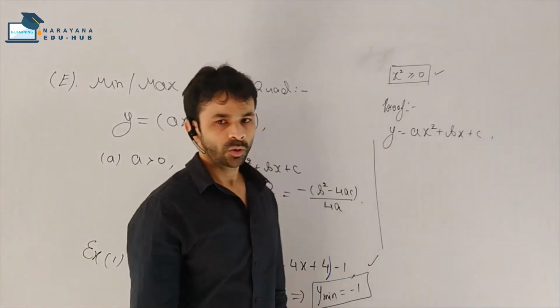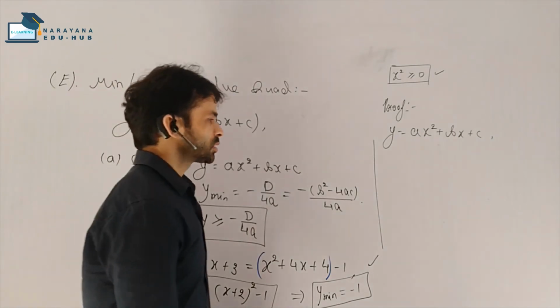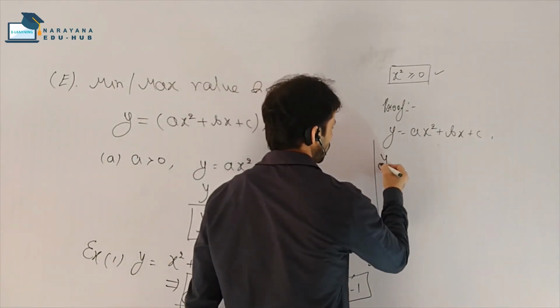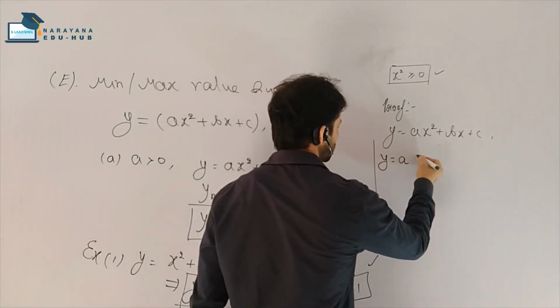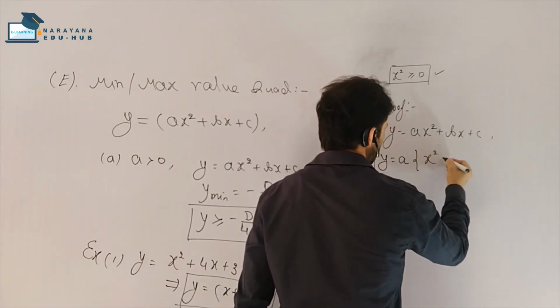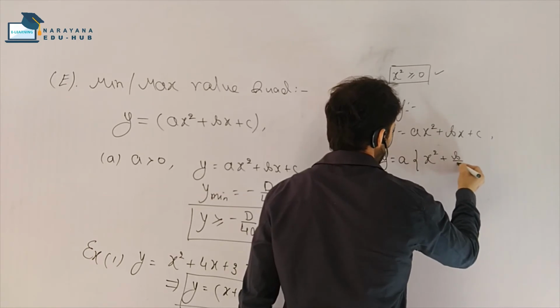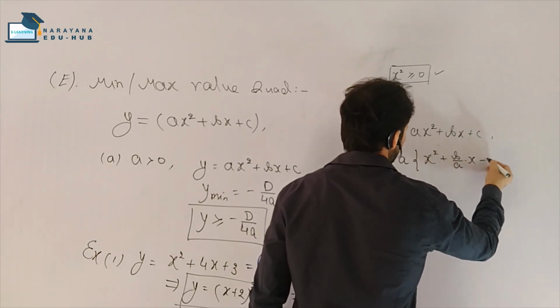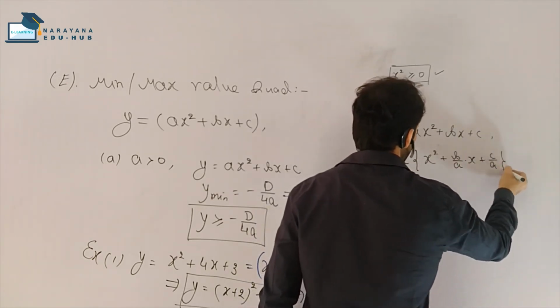First of all, we'll take a common. So this will become x square plus b by a into x plus c by a.